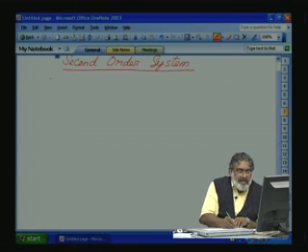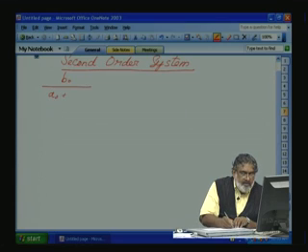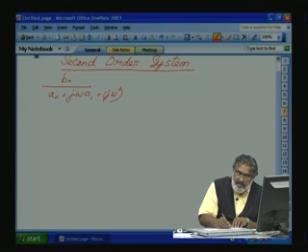Let us take the general transfer function, B0 divided by A0 plus A1 j omega plus A2 (j omega) squared.